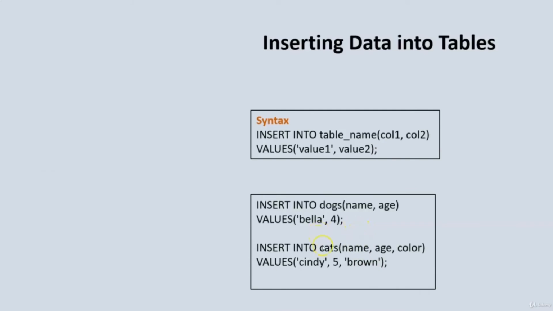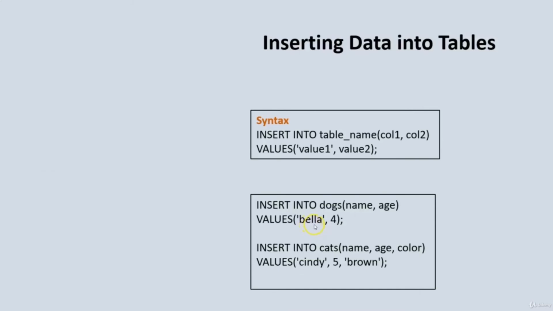To do that, we have the keywords insert into, followed by the name of the table, which is dogs. We have 2 columns we want to insert records into. In parentheses, we indicate those 2 columns. We have the name column, we have a comma to separate the name column from age. We close our parentheses, and what are the values we want to insert into these columns? We want to insert the name Bella, so that will be the name of our first dog.